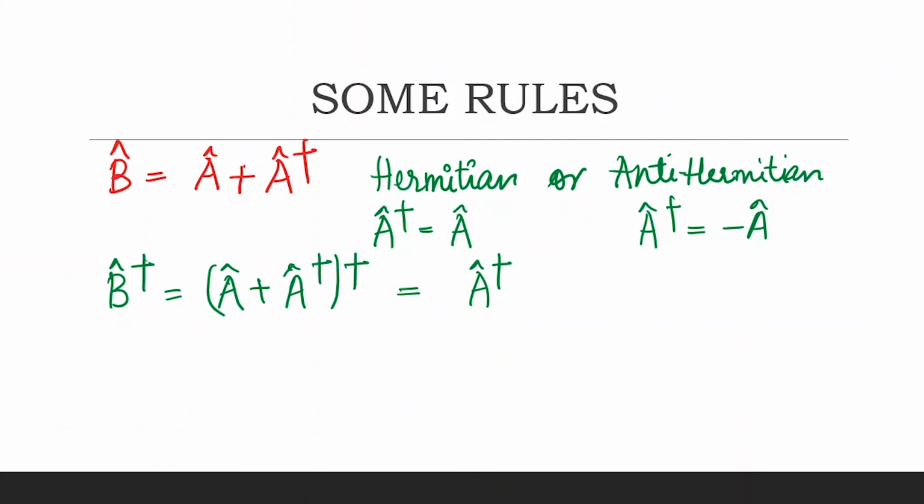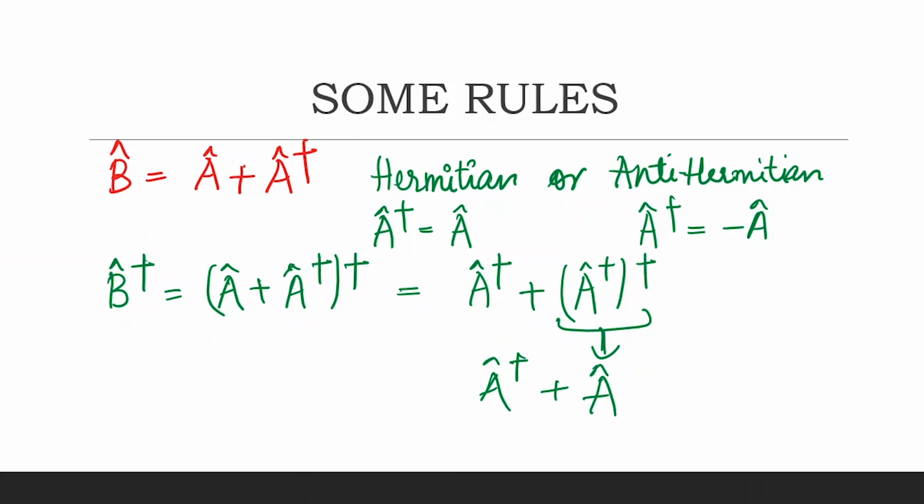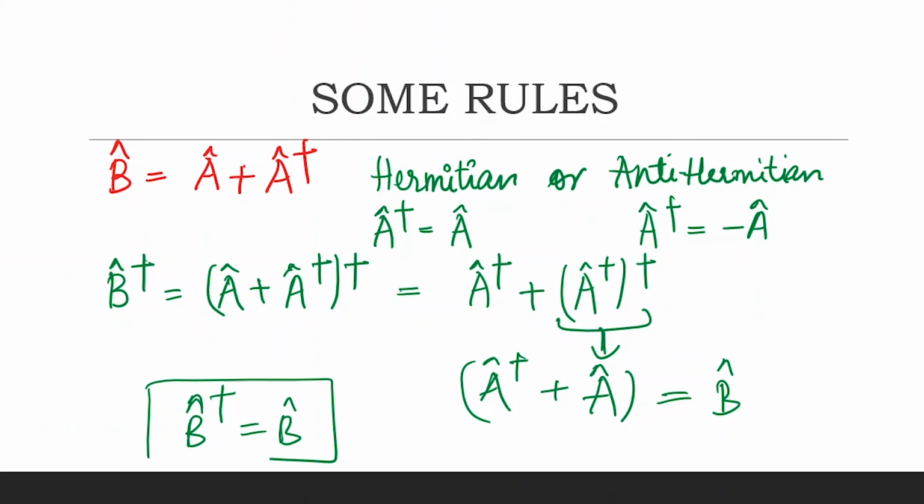If you open the brackets, then A adjoint plus A adjoint adjoint, and this comes out to be the original operator A. So this comes out to be the B operator. So we have started with the adjoint of B and we have reached the B operator. So this follows this relation. So this operator is a Hermitian operator.